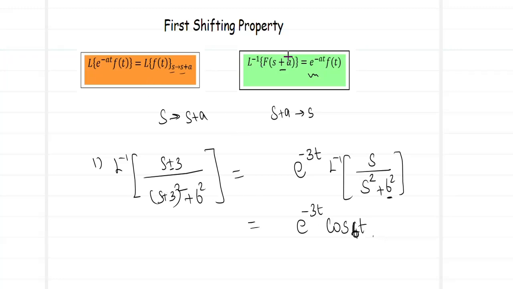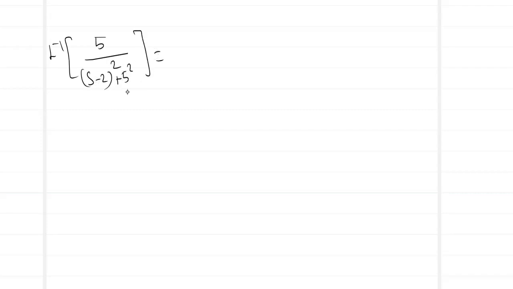So what does this exponential function do? It expands in your Laplace, but in inverse Laplace, this s plus a will shrink back to s to give you your answer. We will try to apply this to a few more problems. What will happen to my Laplace inverse of 5 divided by s minus 2 the whole square plus 5 square? Now, instead of s square, I have it as s minus 2. So when I shrink this s minus 2 back to s, what will be left out?